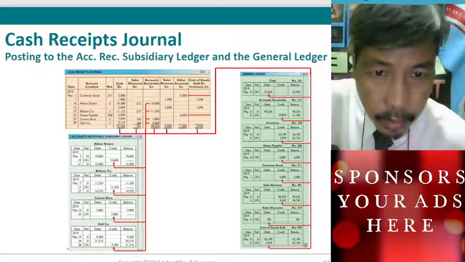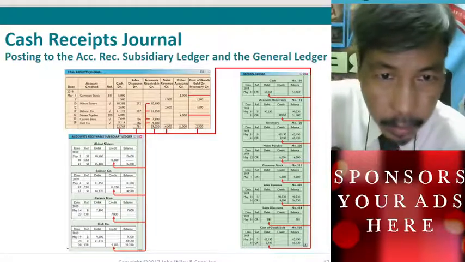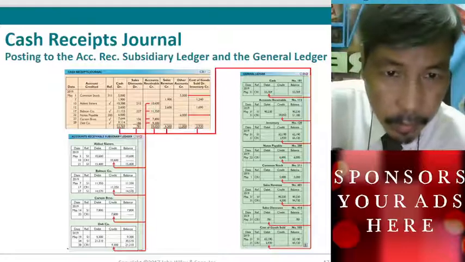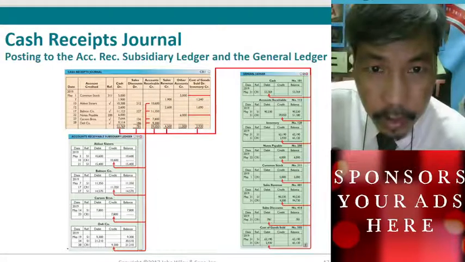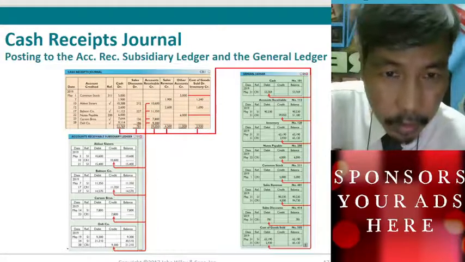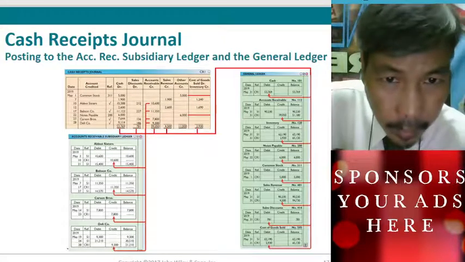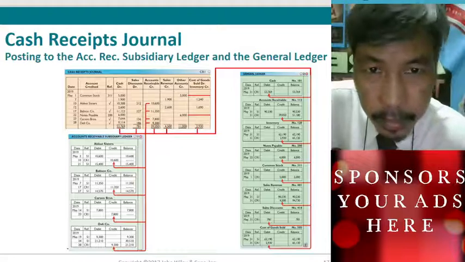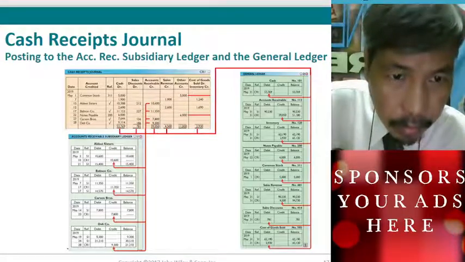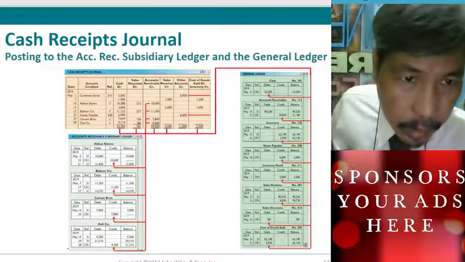For example, where did the Abbott Sisters' 10,600 receivable go? It goes to the subsidiary ledger of Abbott Sisters, 10,600 there, dated May 10.